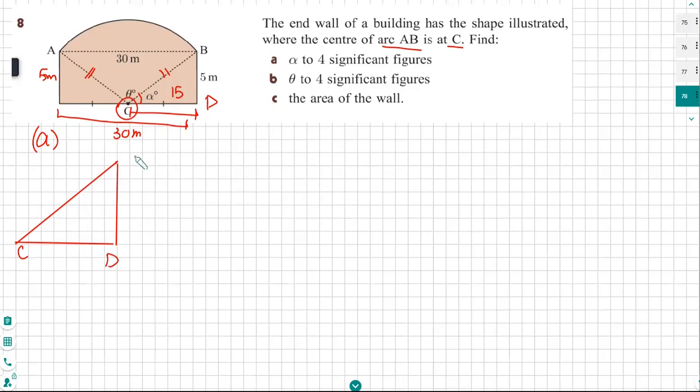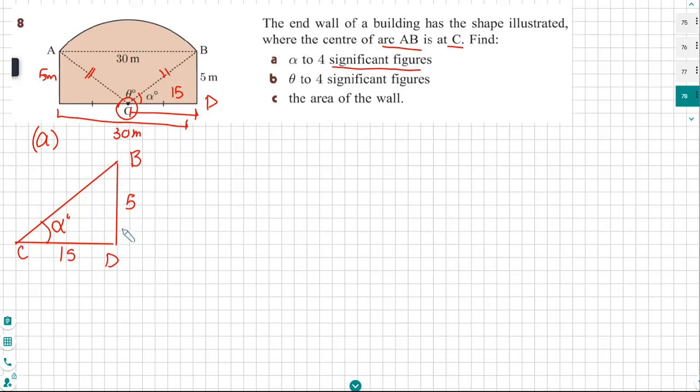This is C, this is D, and this one is B. And I'm mentioning the lengths 5, and this is 15. We need alpha in degrees, obviously mentioned here, right? And the answer must be in 4 significant figures. So I will follow this instruction as well.